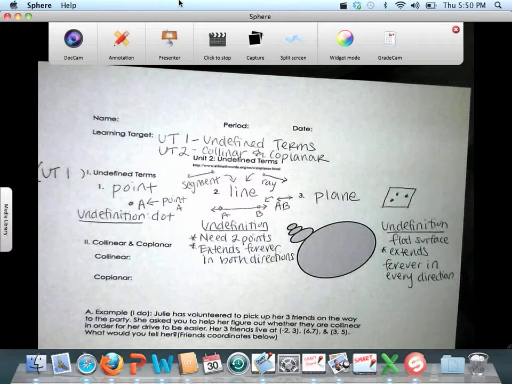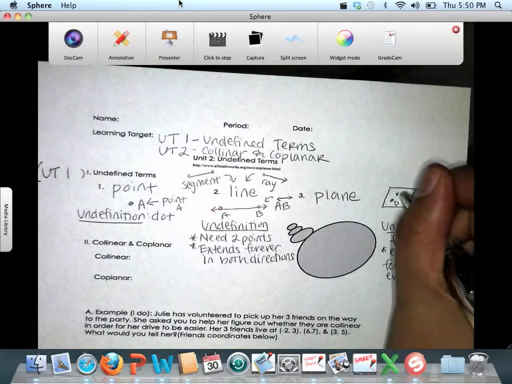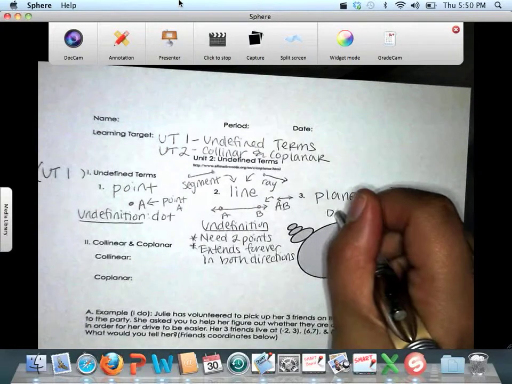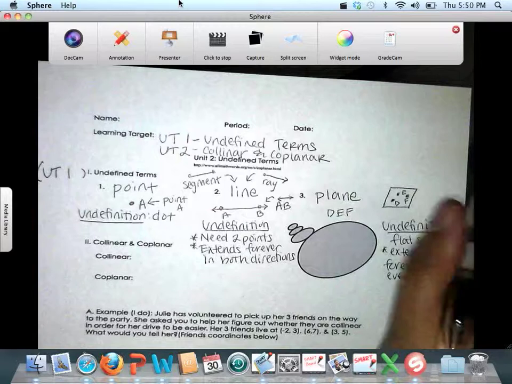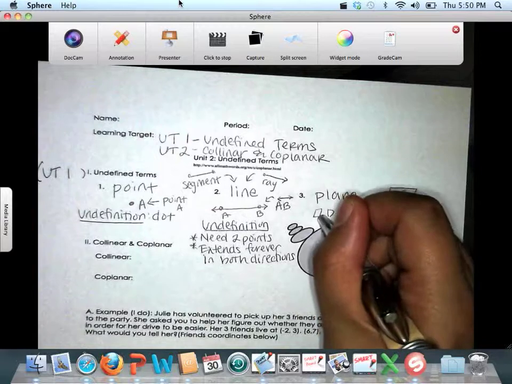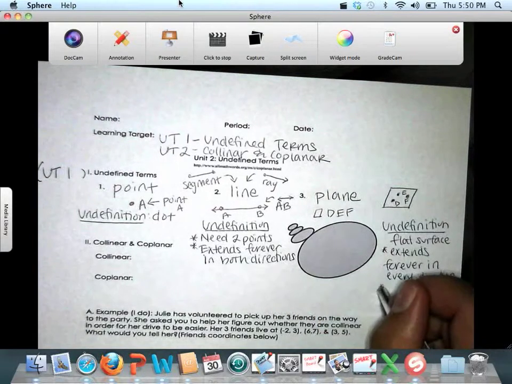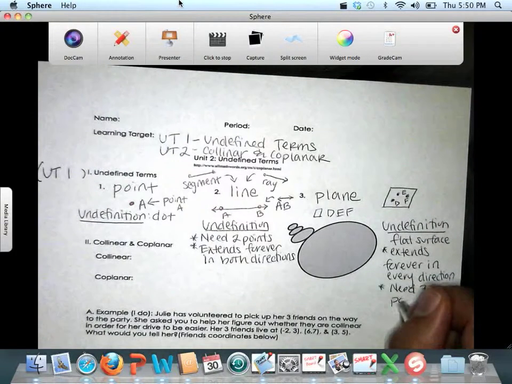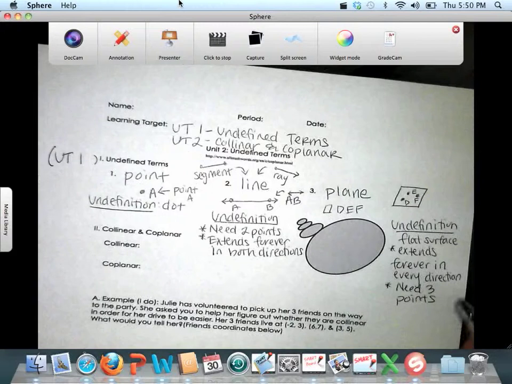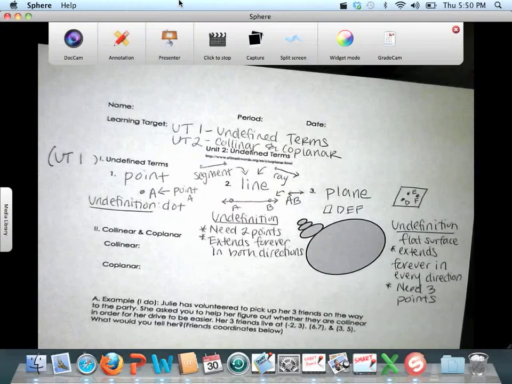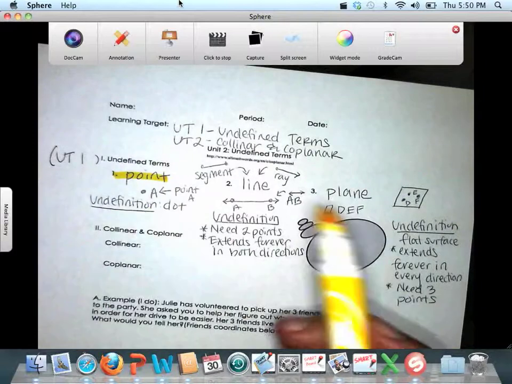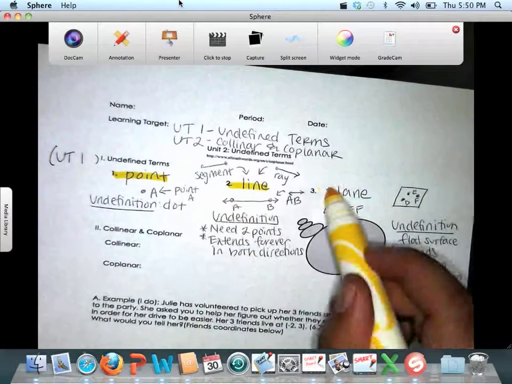So we'll call this D, E, and F. So if you were to write a plane, right, you would write the 3 letters, and then you just put whatever shape your plane is in front of it. So you only need 3 points to have a plane. Okay, so here are the 3. I'm going to highlight them. Point, line, and plane.